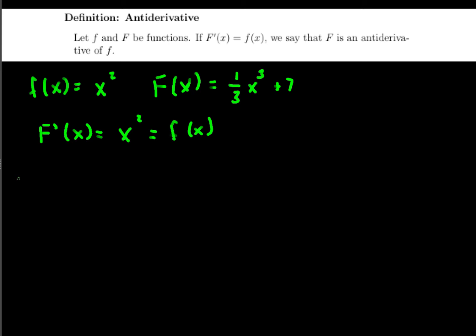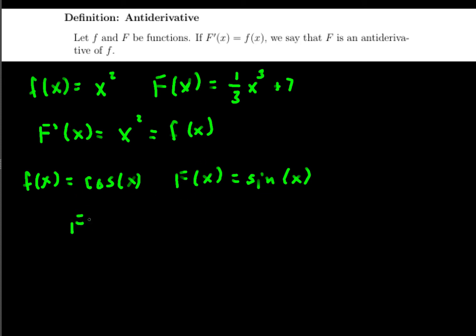Another example, let's say f of x is equal to cosine of x, and big F of x is equal to sine of x. Well then the derivative of sine is cosine.